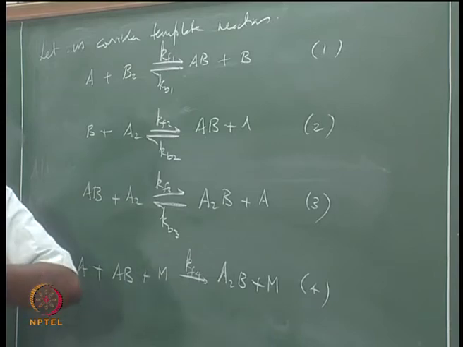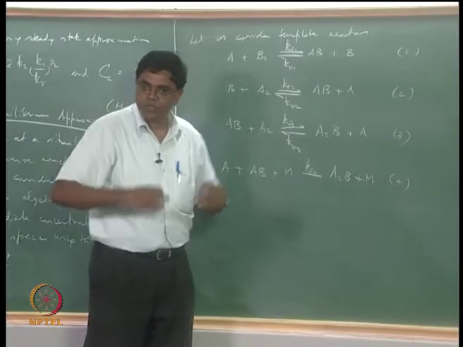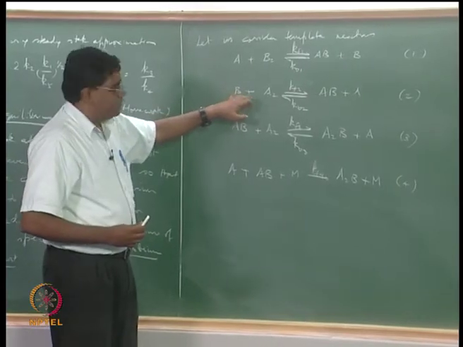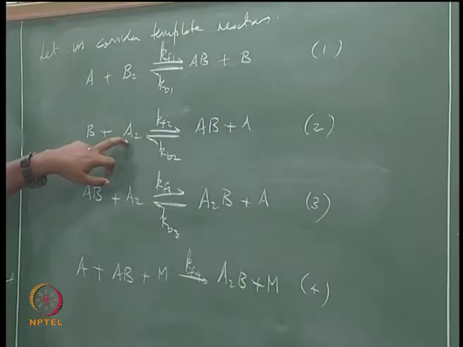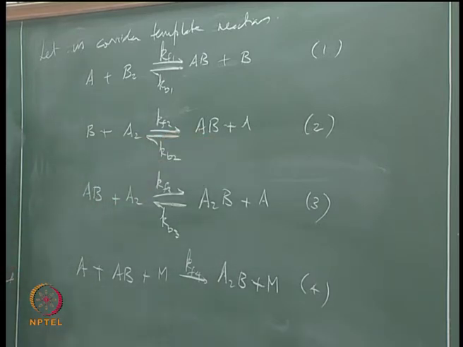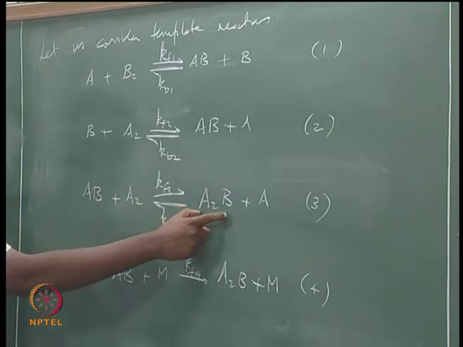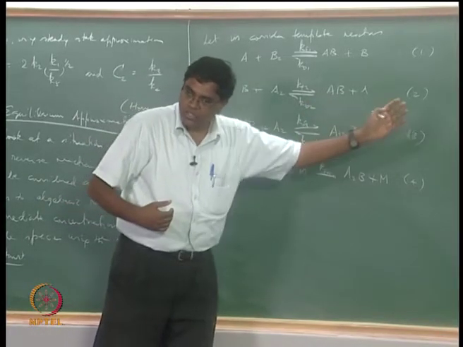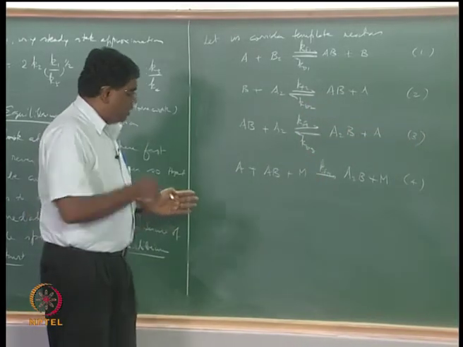So this is like a chain branching: starting with 1 intermediate and a stable species, you are now getting 2 intermediates. And in the next step, you start with an intermediate, reacting with a stable reactant, producing a stable product and leaving another intermediate.